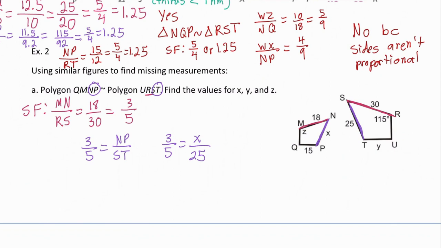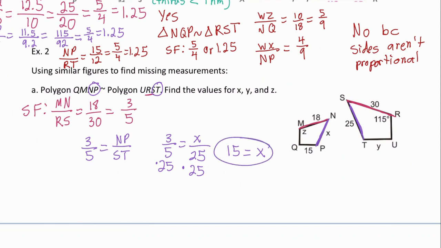So in order to solve for X, we would have to multiply both sides by 25. And when we do that, you can do that a couple of different ways. You can think 3 times 25, which would be 75, and then divided by 5. Or you could reduce it first. 25 divided by 5 is 5, and then 5 times 3. But anyway you spin it, you should be getting that X equals 15. Okay, and so that's going to give us our value for X.